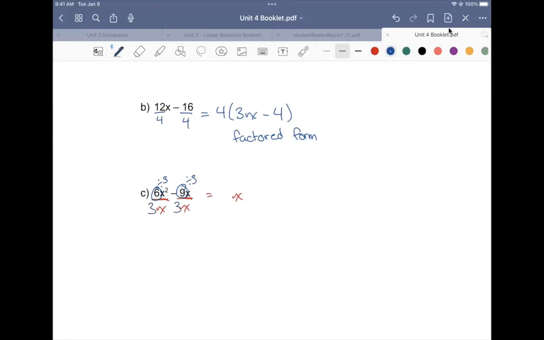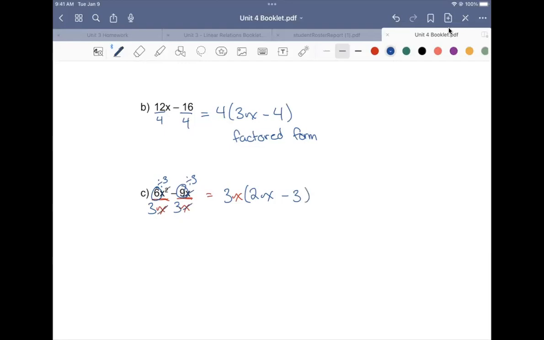So if I divide both expressions by 3x, 6 divided by 3 is 2. X squared divided by x is 2 minus 1, so I'll get 2x. Minus 9 divided by 3 is going to give me 3. X divided by x, those just cancel out. So I will end up getting just negative 3 there.